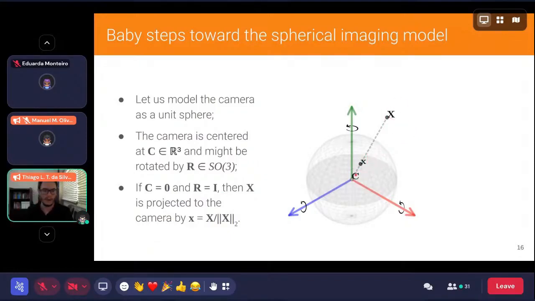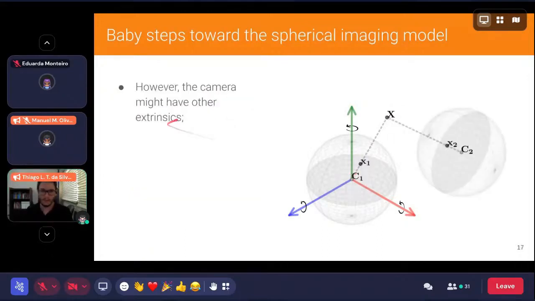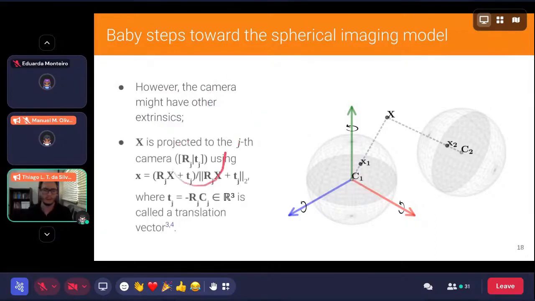Well, we know that the camera might not be centered at this world coordinate system, and actually might not be rotated or aligned to this world coordinate system. So we need a more complex, though not so much, equation to describe these imaged points as a function of the camera rotation and the camera center.